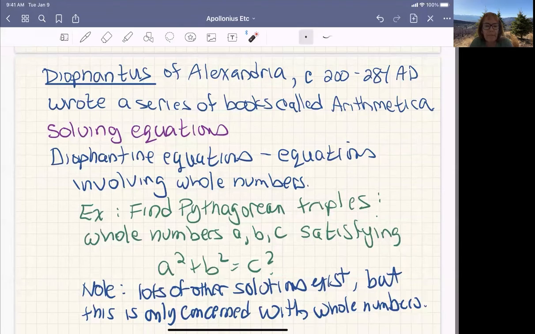And so, for example, 3, 4, 5 would be a solution. 5, 12, 13 would be a solution. So those are whole number solutions to a squared plus b squared equals c squared. Now, it's important to note that there are lots of other solutions, but he was only concerned with the whole number solutions.